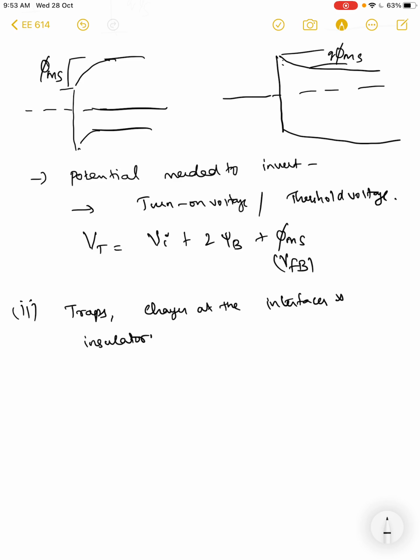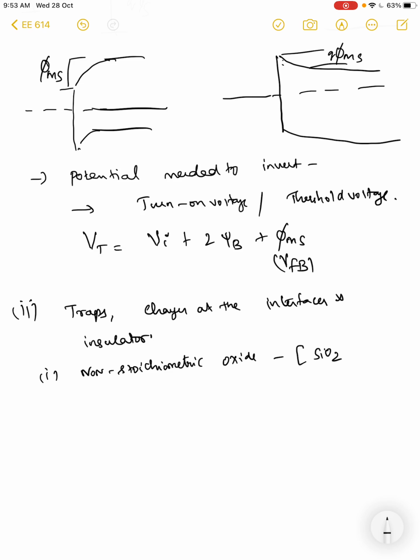In any real metal insulator semiconductor junction, you always have what are called charges. There are various sources of charges. First one is you have non-stoichiometric oxide, in the sense that instead of SiO2, which is the actual stoichiometry, right, for every silicon you have 2 oxygen, but this never happens.